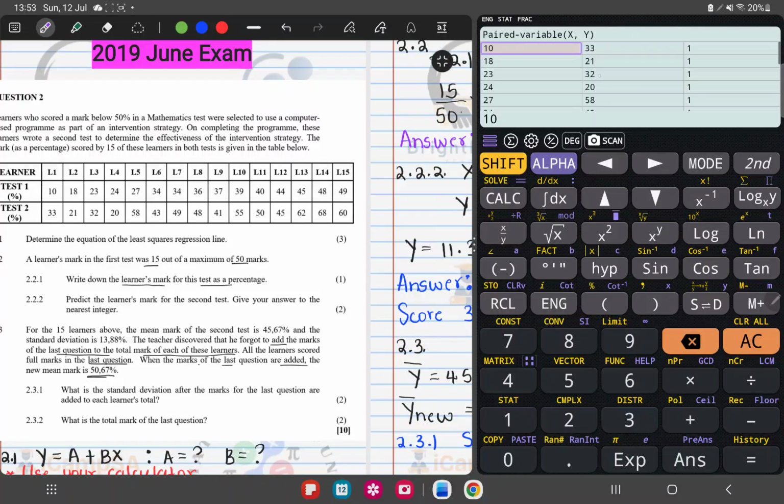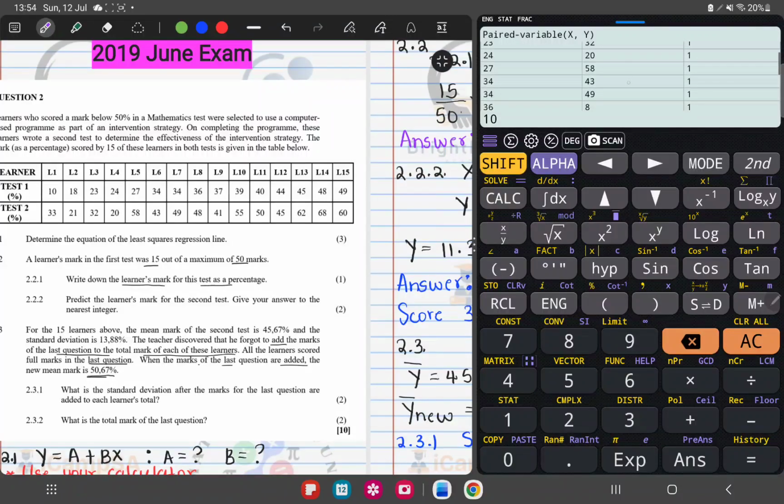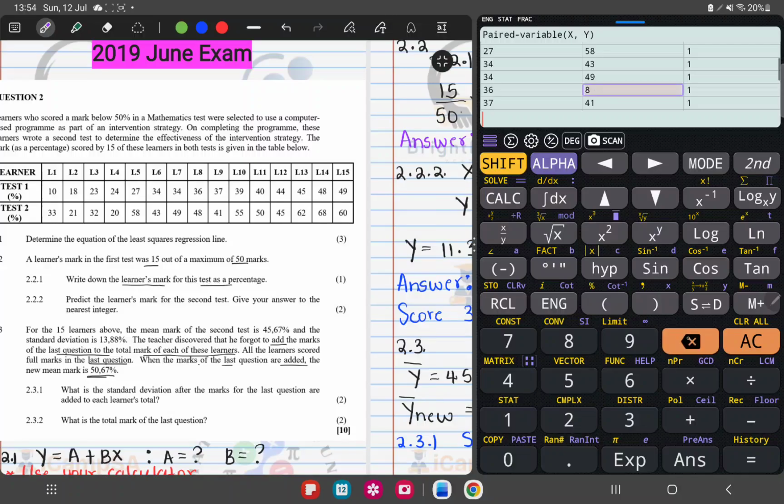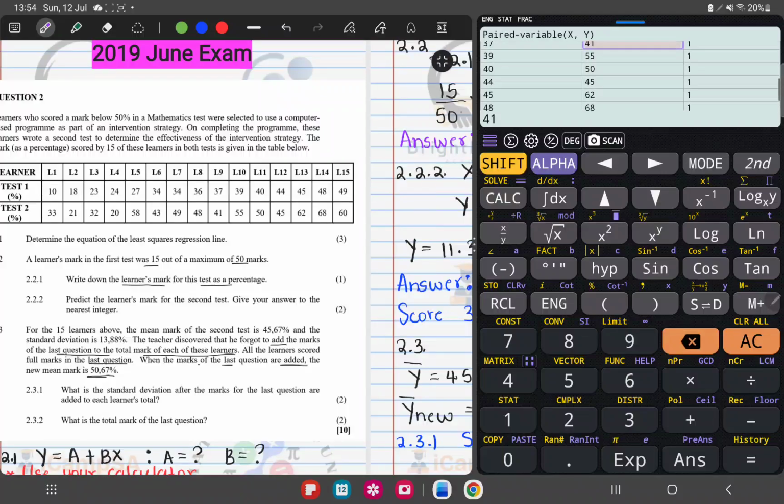We have 33, 21, 32, 20, 58, 43, 49, 48, then 41, 55, 50, 45, 62, 68, 60. So yeah, that correlation factor was very suspicious.